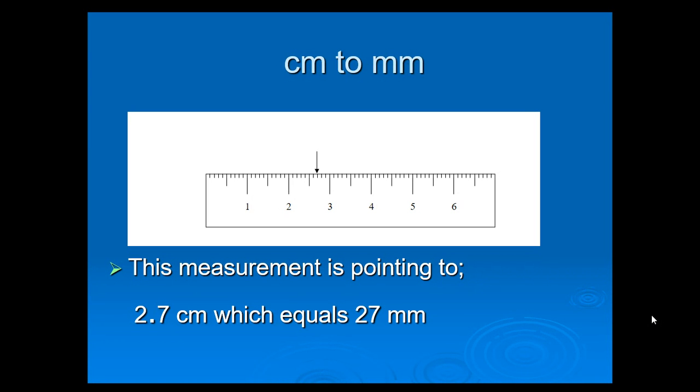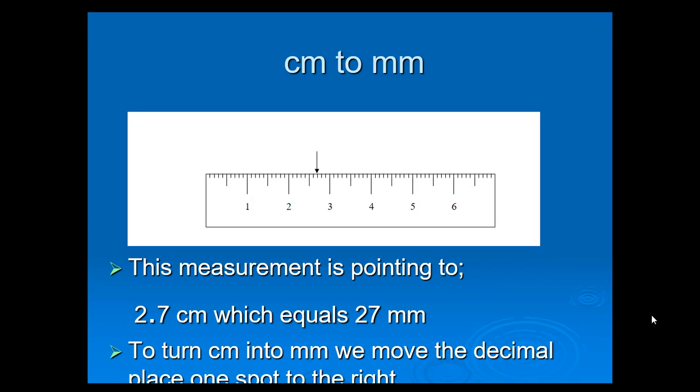When we count by millimeters, we are counting by ones. So with this, we're going to turn centimeters to millimeters, we would move the decimal place 1 spot to the right. We just have to keep track of what measurement we're going by. Tens with centimeters or ones with millimeters.